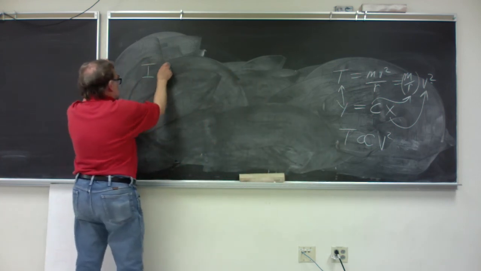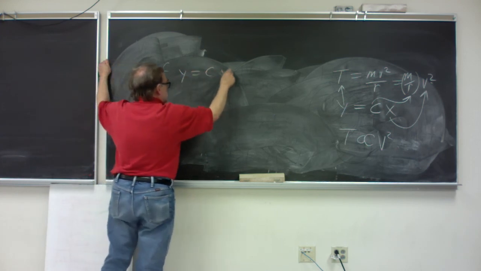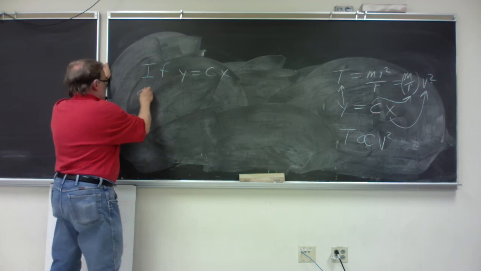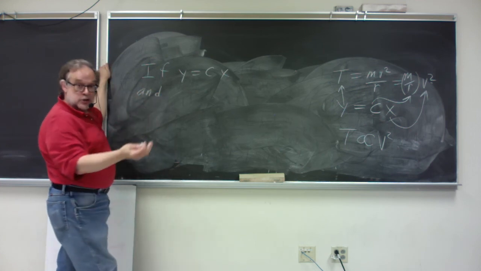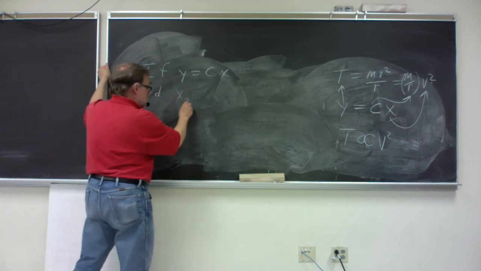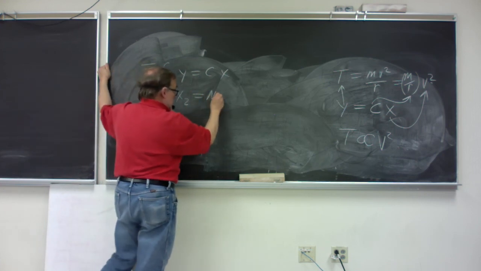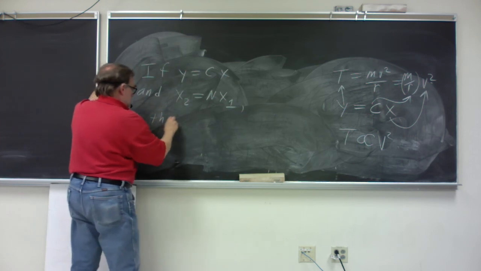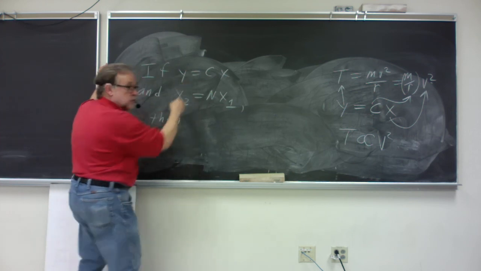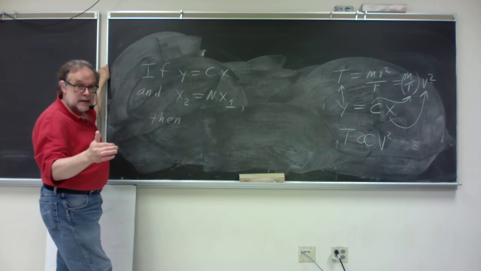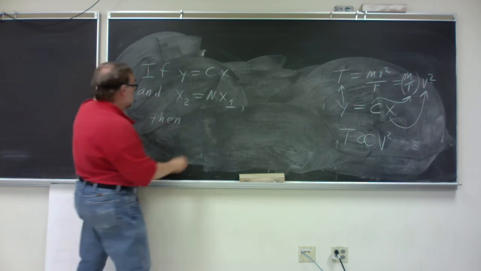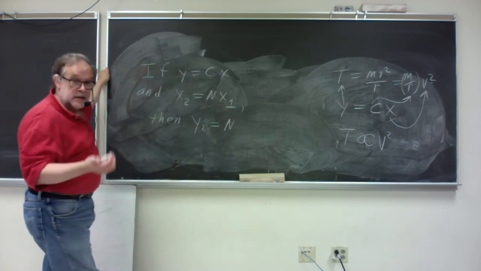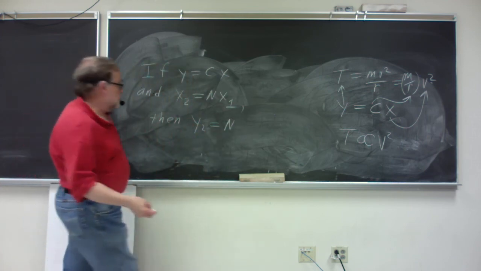That is, if one variable has that kind of a relationship to the other, and one variable changes by some factor, that is, the new value is just some factor times the old value, then the other variable changes exactly the same way. y2 changes by exactly the same factor.